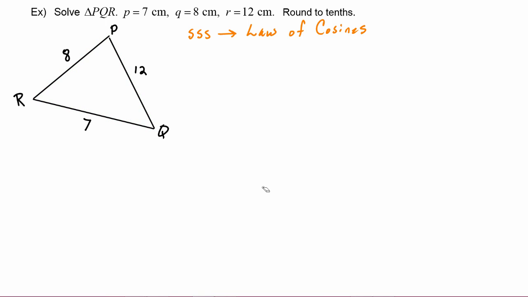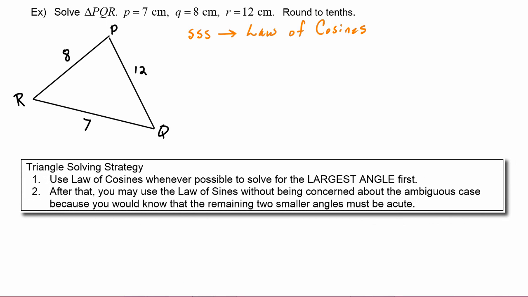Remember, we talked about a good strategy to use when you're able to use the law of cosines is to solve for the largest angle first. Because law of cosines does not have an ambiguous case, solving for the largest angle first will let you know right away whether it is an obtuse or acute angle, and then you'll know automatically that the other two, which are smaller, must be acute.